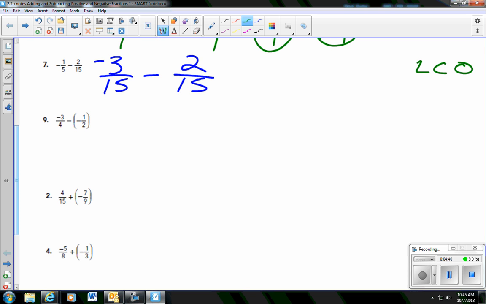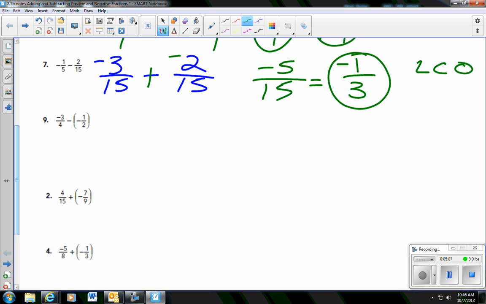Leave negative 3/15 alone, change subtraction to addition. 2 becomes its opposite, so it becomes negative 2. So we're adding the top numbers there. They have the same signs. 3 negatives plus 2 negatives is 5 negatives over 15. And we simplify that. 5 divides itself once, and 15 3 times, and again it stays negative up top, so negative 1/3.